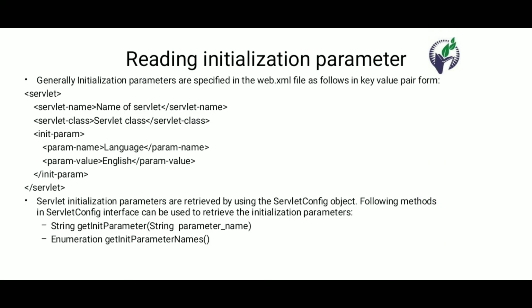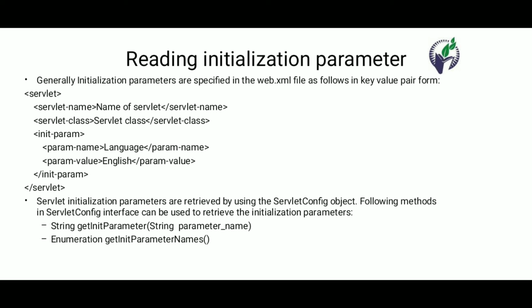Now let's read the initialization parameter. Whenever you create any servlet, you can set some initialization parameters. To set those initialization parameters you can use the web.xml file. In the web.xml file the key-value pair form is defined.